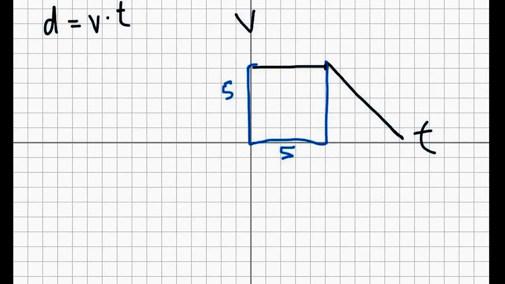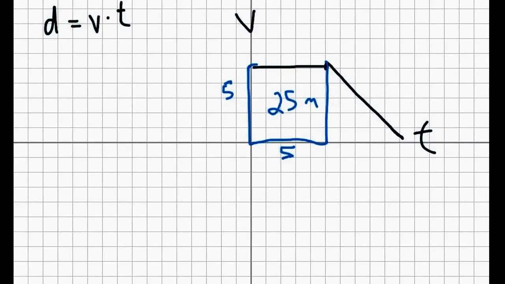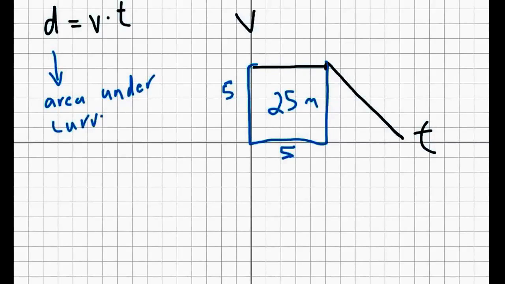So if we go 5 times 5, we get 25. There's sort of a hidden section of the graph that we can get, and that is displacement. Basically displacement is just our area under the curve. So the area of the rectangle would be 5 times 5, so we get an area of 25 meters. That would be our displacement.